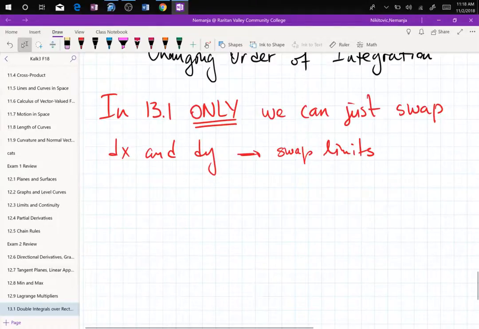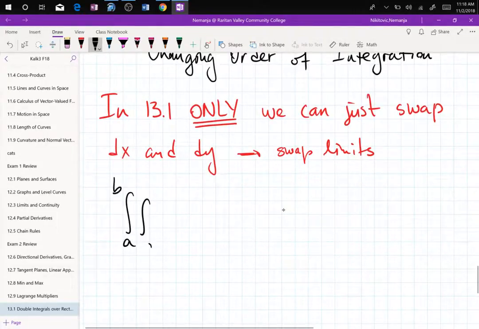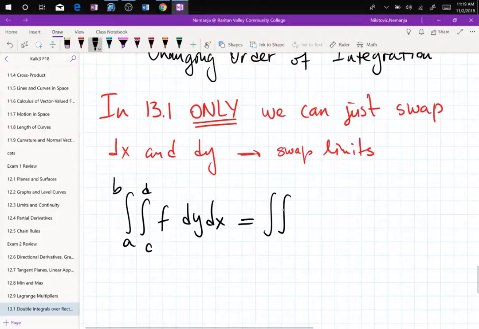So your integral that was a, b, c, d of a function dy dx is the same as the integral c, d, a, b of f dx dy.